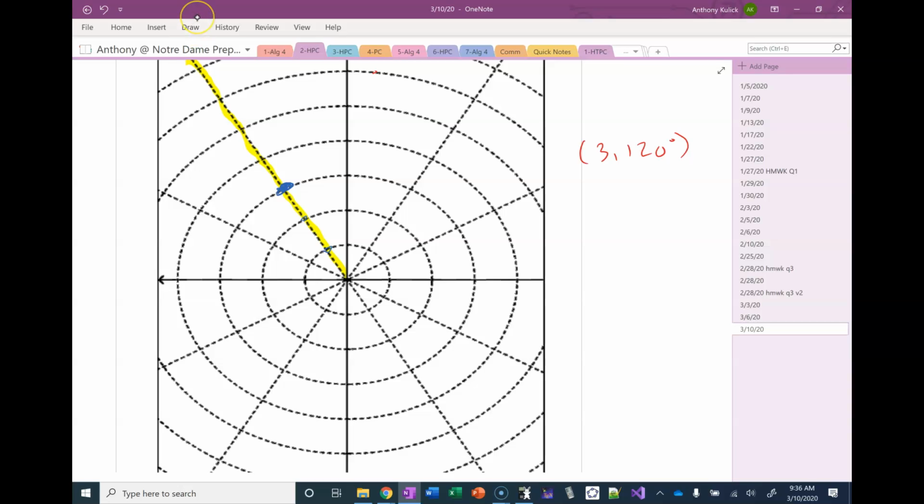Guess I probably should have drawn that in red, huh? So it matched 1, 2. Everybody's okay there? Should we do another? Yes.